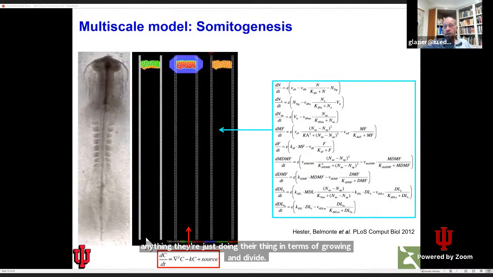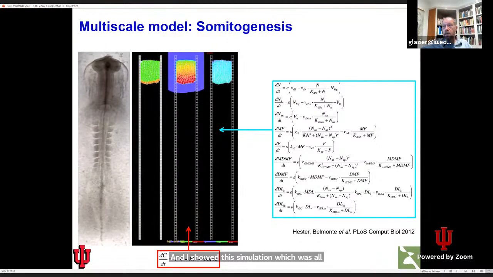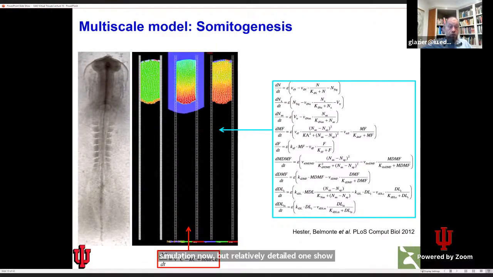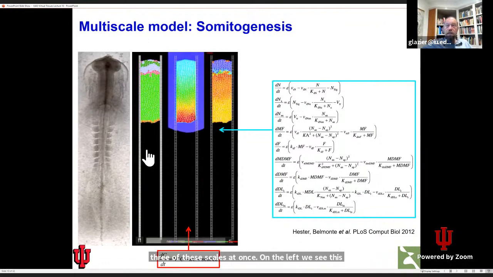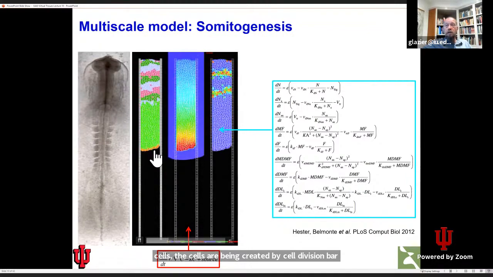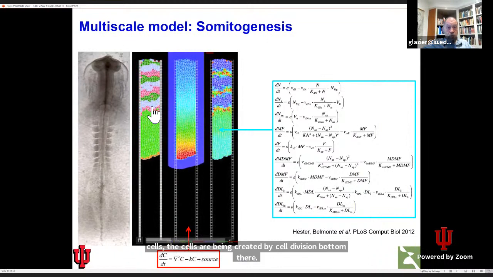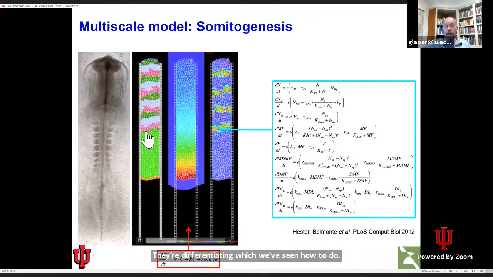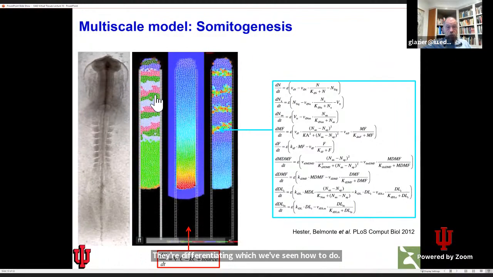And I showed this simulation, which was an old simulation now, but a relatively detailed one, showing all 3 of these scales at once. On the left, we see the cells. The cells are being created by cell division at the bottom. They're differentiating, which we've seen how to do. When they differentiate, they change their mechanical properties, and so they start rearranging.